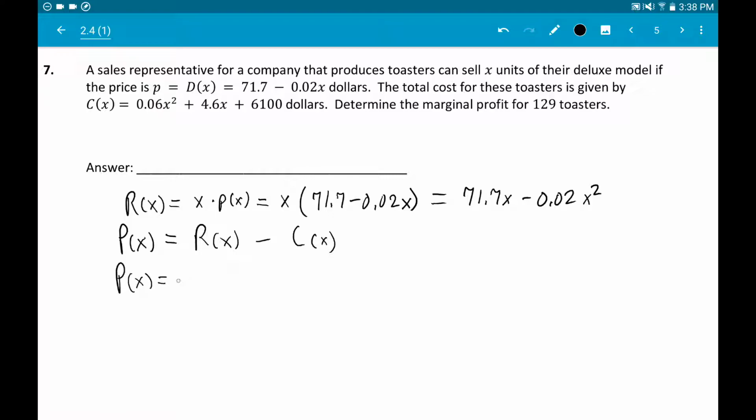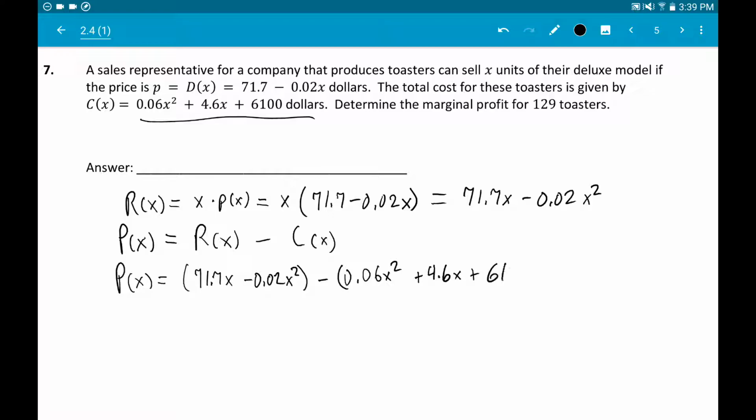Okay, so profit is 71.7x minus 0.02x squared minus our cost function given up here, 0.06x squared plus 4.6x plus $6,100. Let's go ahead and combine like terms.